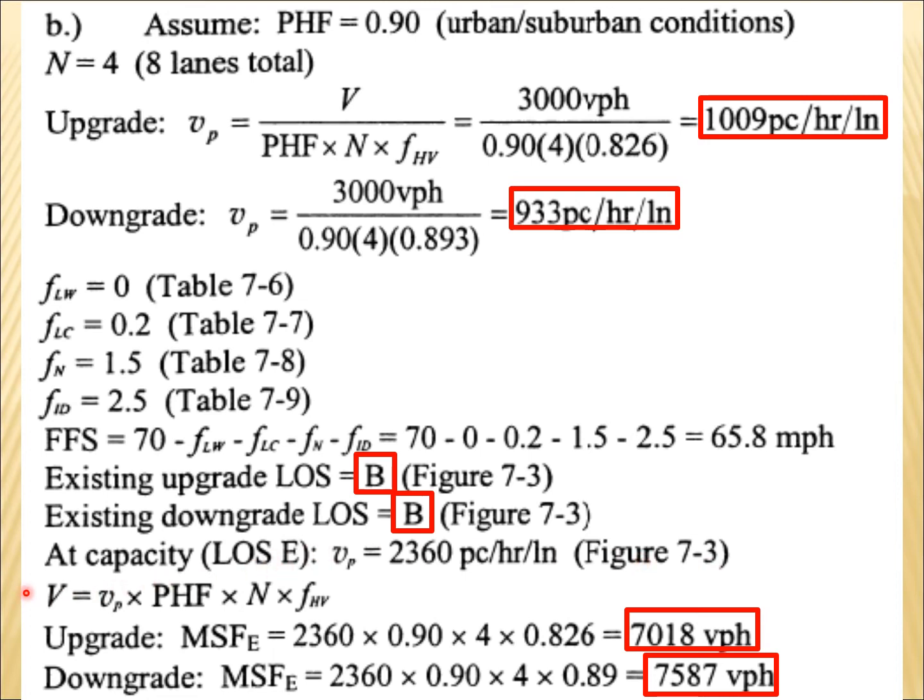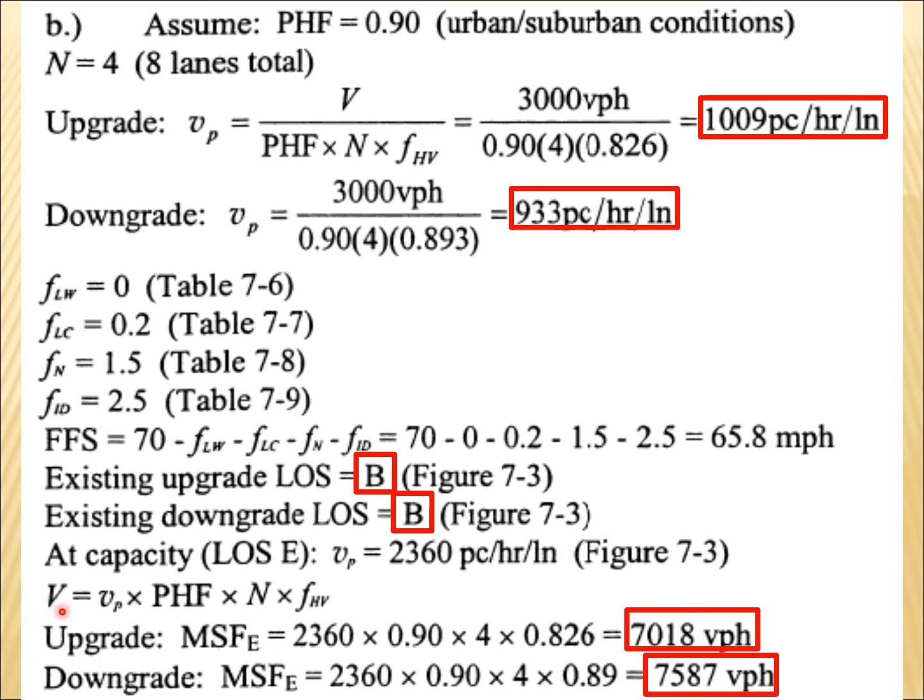And then using the formula again, here V is equal to V sub P multiplied by PHF multiplied by N multiplied by F sub HV. So basically this is the formula we have used for V, and this V is hourly volume, that is in vehicles per hour.